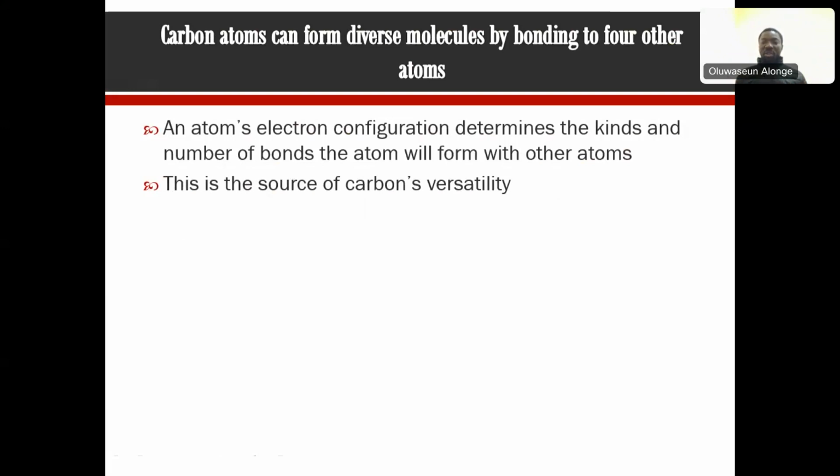And the reason it's a polar molecule is simply because it is formed by a polar covalent bond, which is a covalent bond formed by unequal sharing of electrons, because oxygen has higher affinity for electrons than hydrogen. So we say that oxygen is a highly electronegative element. All right. So we'll be looking at all of that.